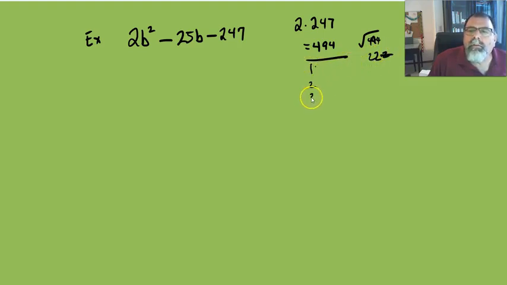So 1, 2, 3, 4, 5, 6, 7. Let's see if 7 goes into 494. No. Okay, so I can just keep trying until I find something that divides. 494 divided by 2 is 247.